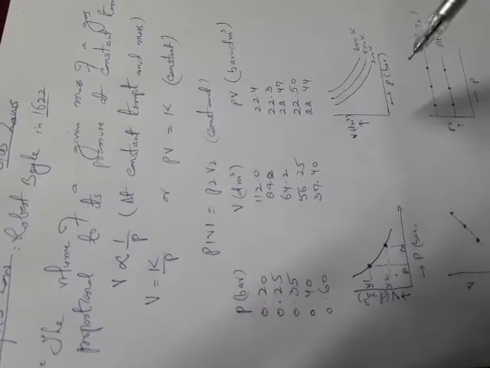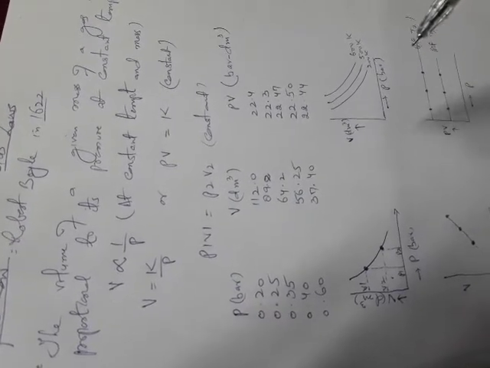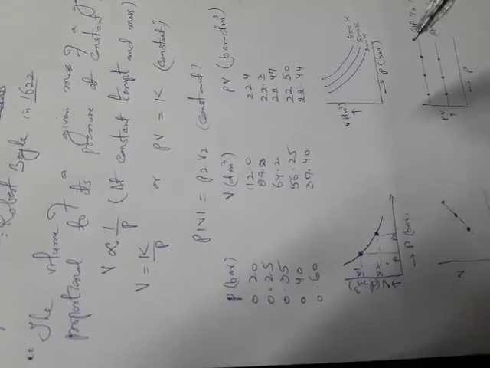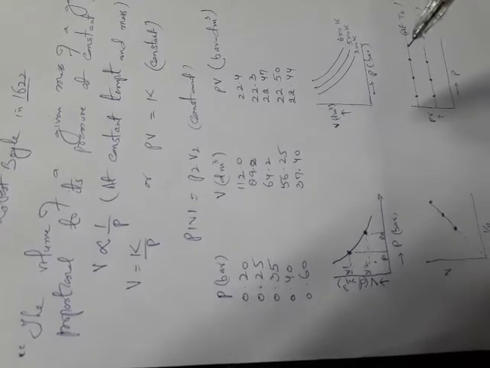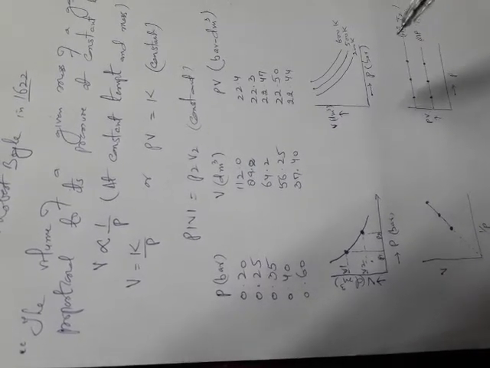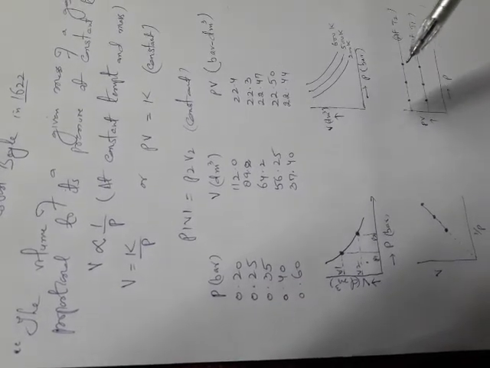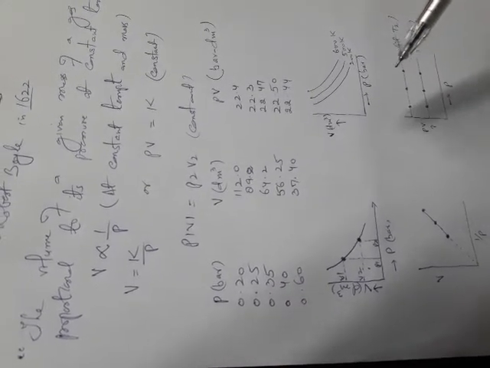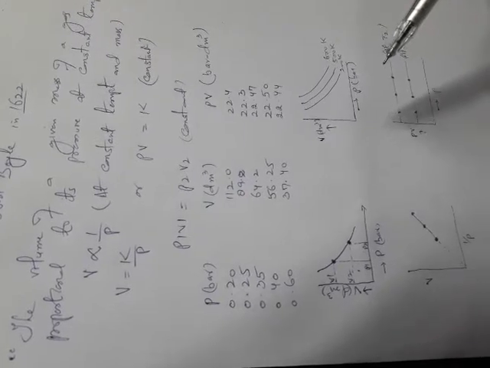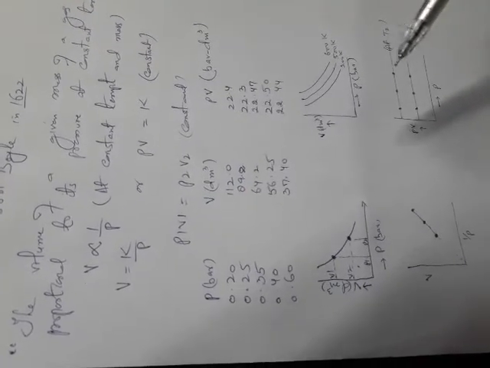At sea level, pressure is 1 atmosphere and air is quite dense, that means the density is more. However, at high altitudes the pressure gets decreased, the volume of the air is more, that is, density becomes less.